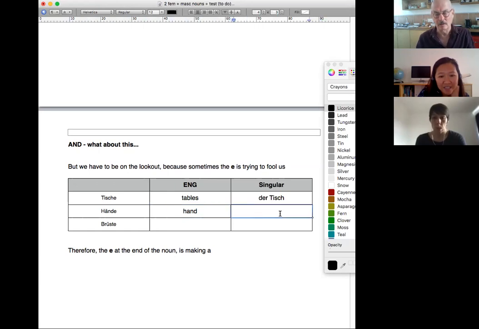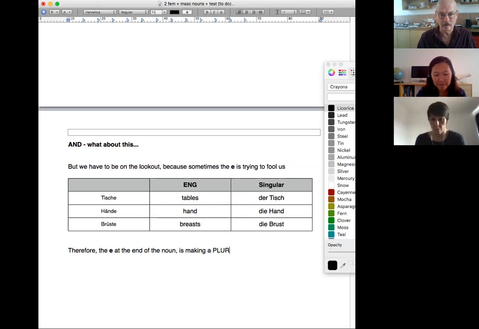What's the gender? Die Hand. And this one, Brüste: breast, one or two? Two. This is breasts. So the singular is going to be? Die Brust. Therefore, the E at the end of the noun here is making a plural, right?